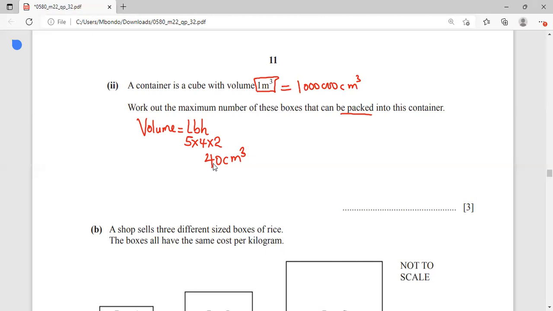Therefore, now we are going to divide 1 million centimeters cubed by 40. Let's see what we are going to get. Cancel the centimeters cubed, then you divide there. What do you get?